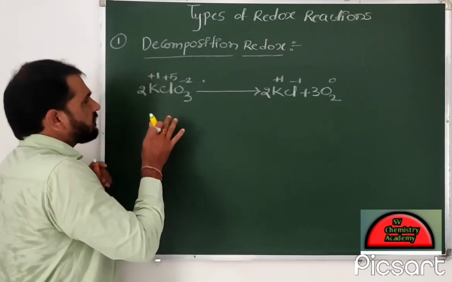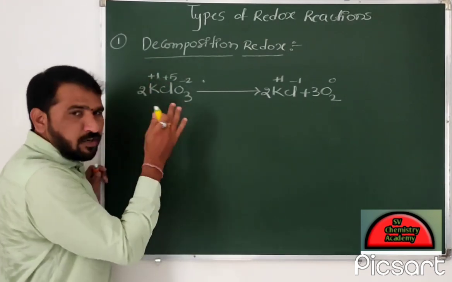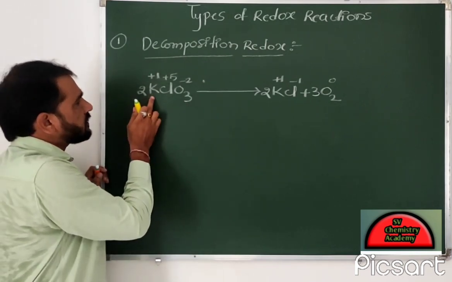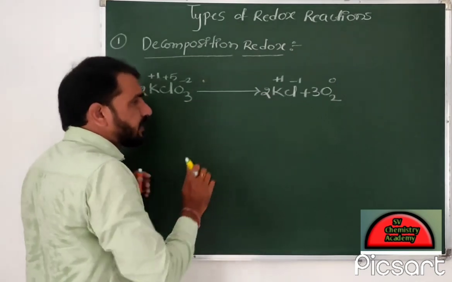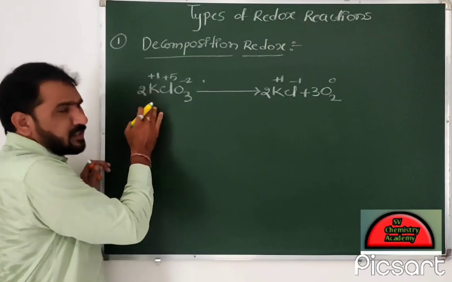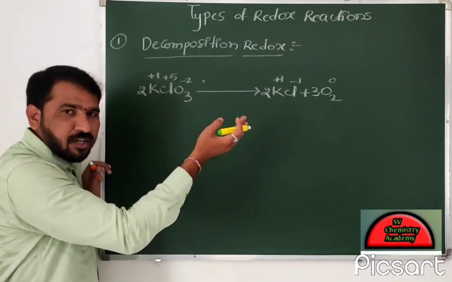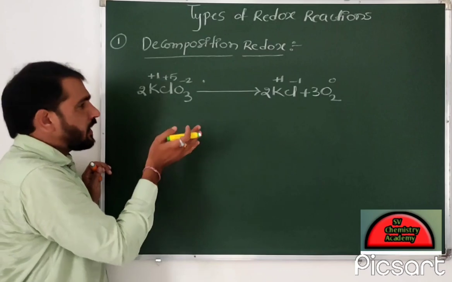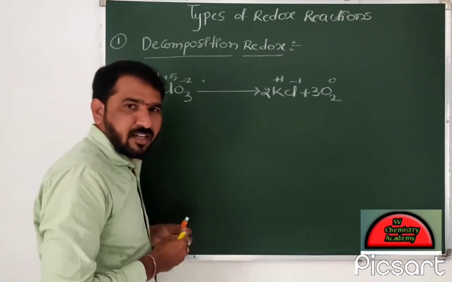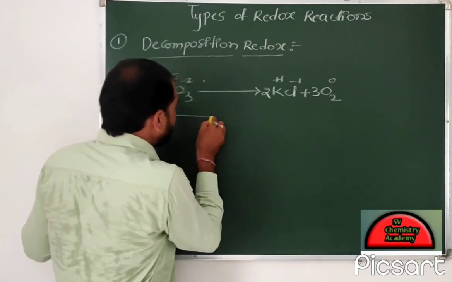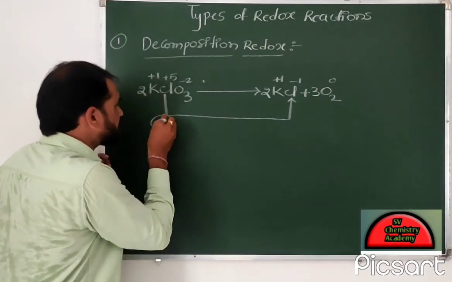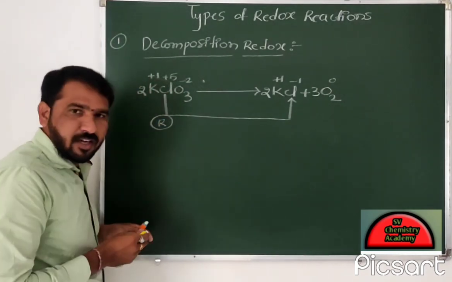Then we need to find the change of oxidation state of individual atoms on both sides. Potassium is +1 on the left and +1 on the right, so neither oxidation nor reduction. Chlorine is +5 on the left and -1 on the right, which means gaining of electrons, and that process is reduction.